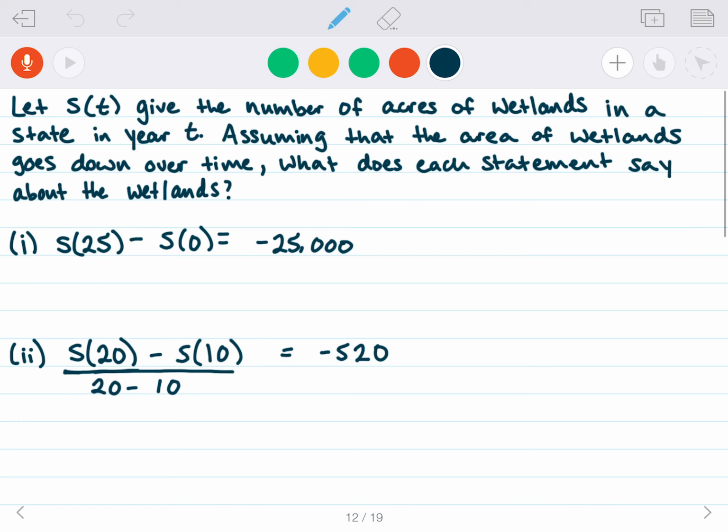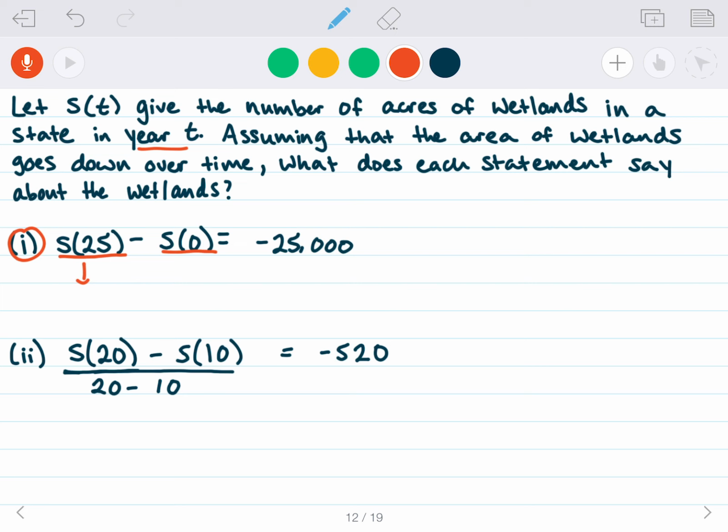All right, let S of t give the number of acres of wetlands in a state in year t. Assuming that the area goes down over time, what does each statement say about the wetlands? All right, so this is just interpreting what they give us here. So they give us S of 25 minus S of 0. So this is the number of acres in a year t, okay?